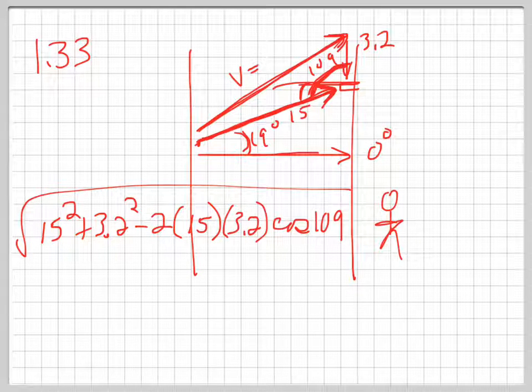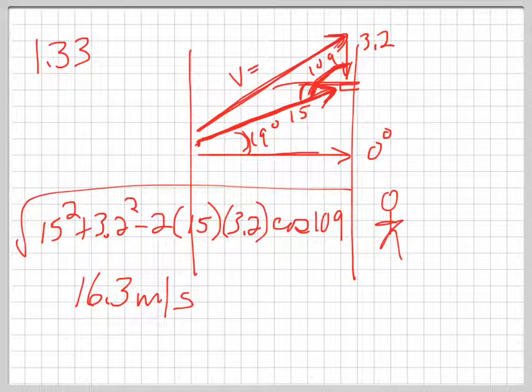Wow, a lot of math, and I don't have a fancy calculator. I get 16.3 meters per second is how fast the speedometer would be reading. I'm going against the river, so I'll end up only going 15 meters per second right here.